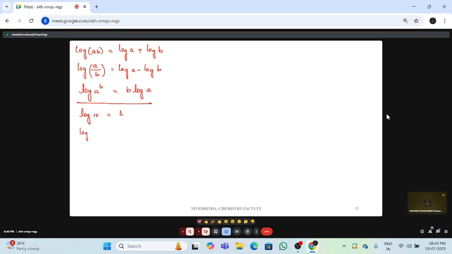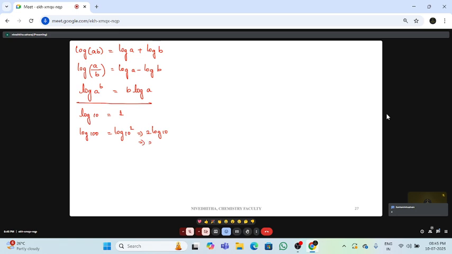What is the value of log 100? Easy. How can this 100 be written? As 10 power 2, right? So it is log A power B, so I'm going to write it as B log A, 2 log 10.